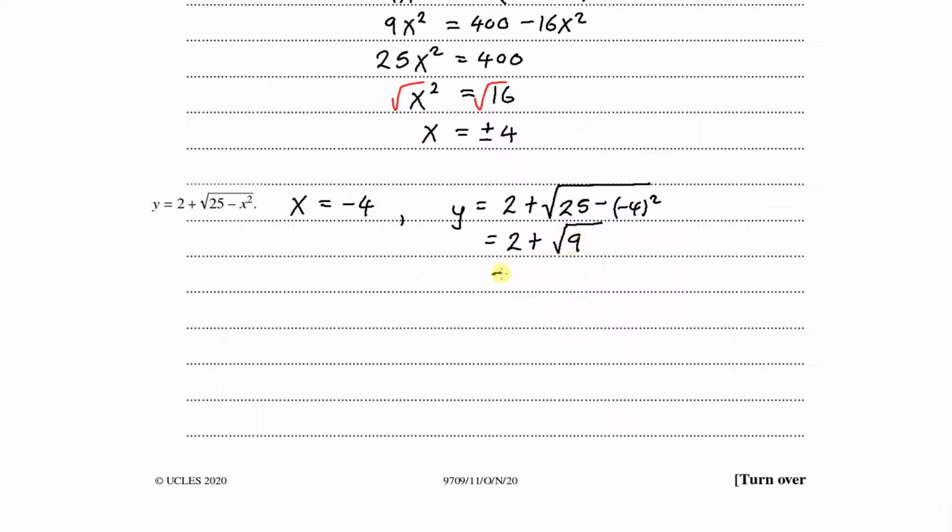Square root of 9 is 3, so that's 2 plus 3. And this gives us 5. And therefore, the coordinates are going to come out as minus 4 and 5. And that's the answer right here.